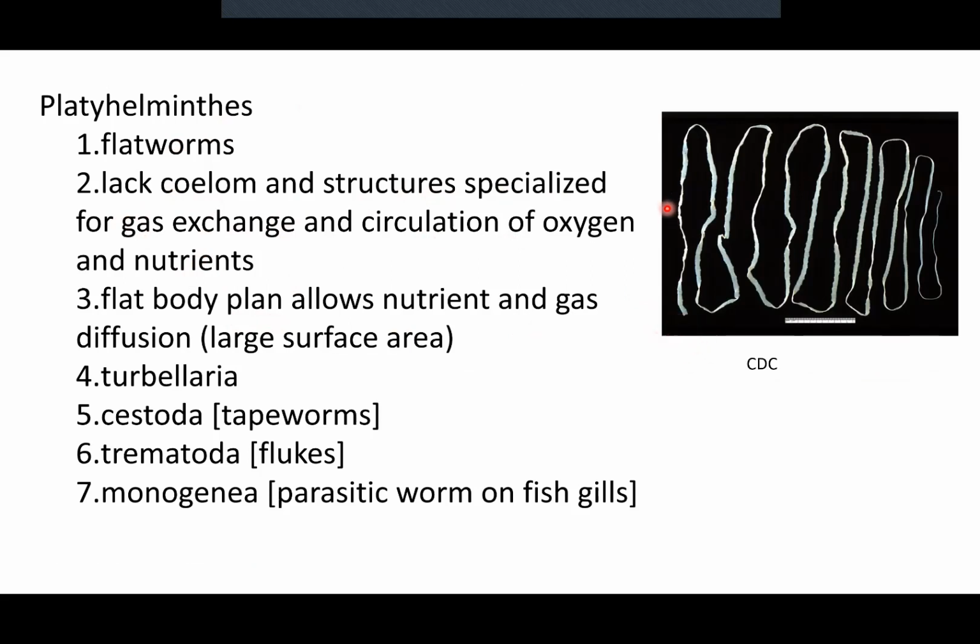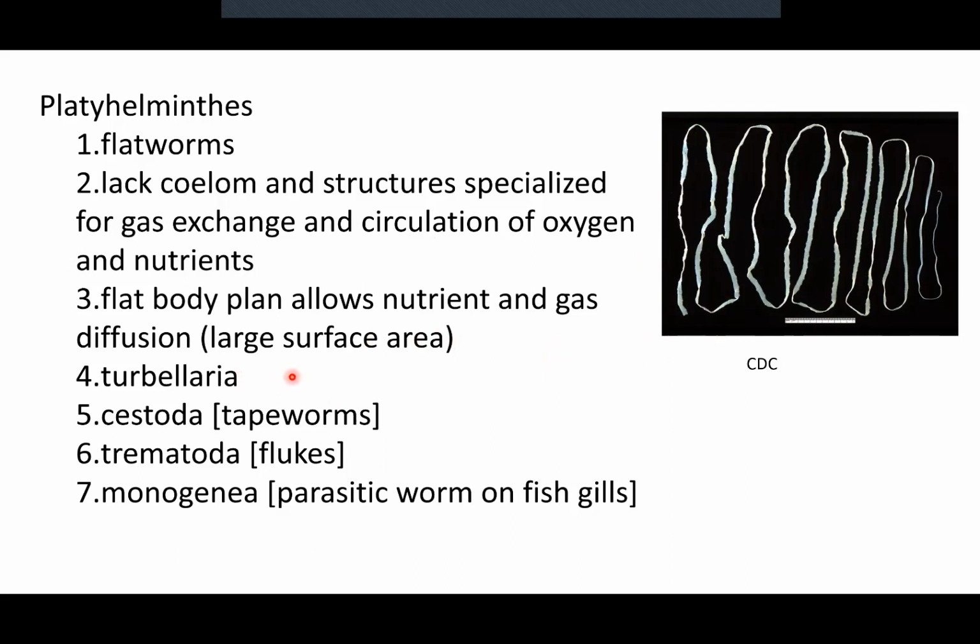You can see how very, very long it is and very flat, giving its name the tapeworm. So their flat body plan allows for nutrient and gas diffusion over a large surface area. If you think about it, if they were a lot thicker, it would be much more difficult for nutrients and gas to diffuse and to get to the very middle of themselves.